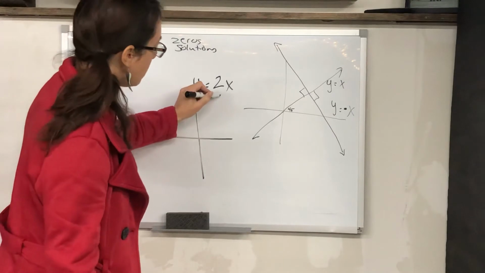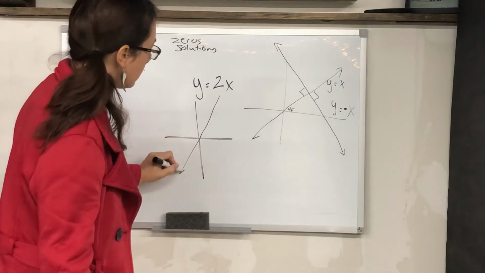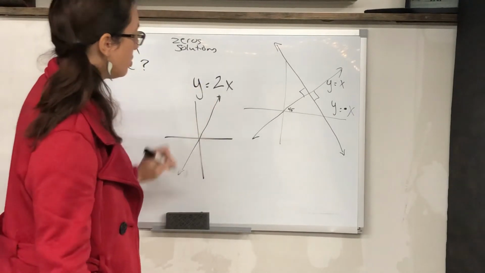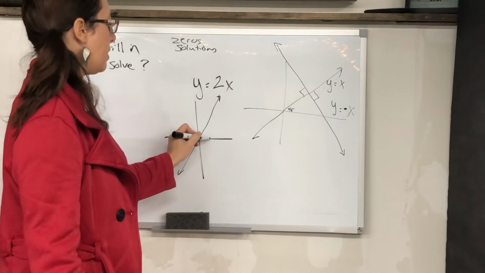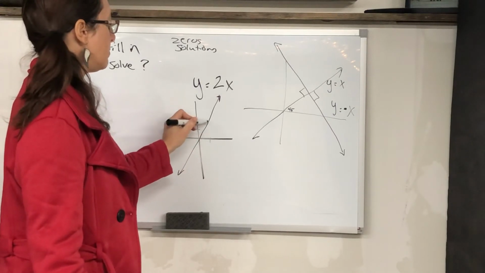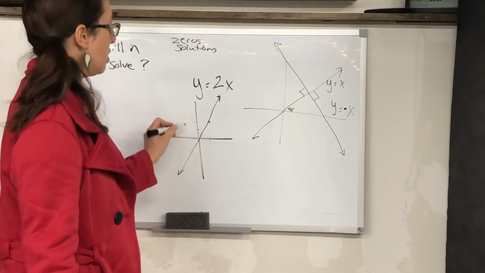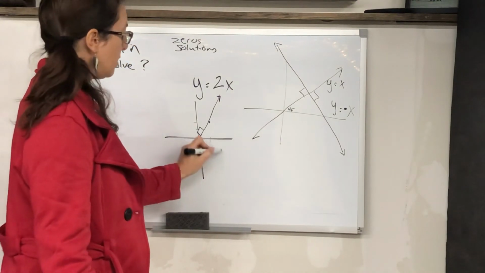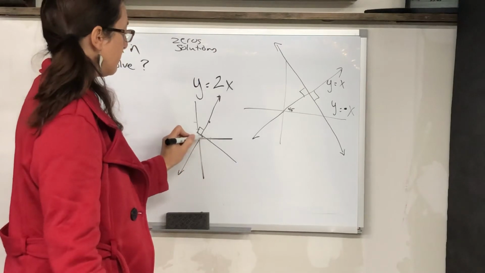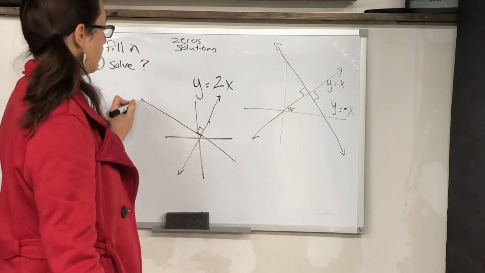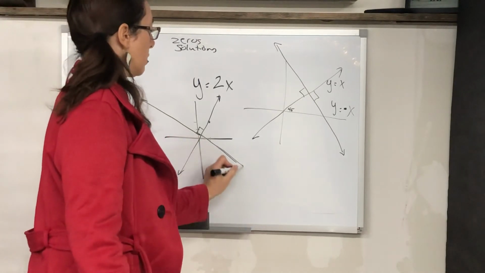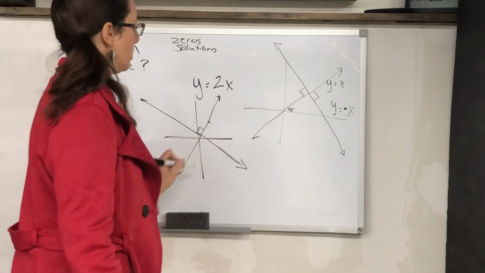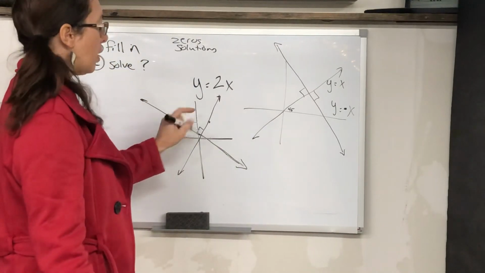This was a steeper line, because for every 1, we're going up 2. So to have its right angle line, its perpendicular line here, we know it's negative.